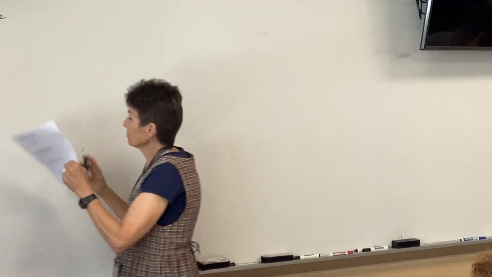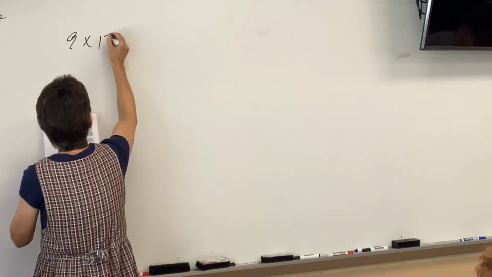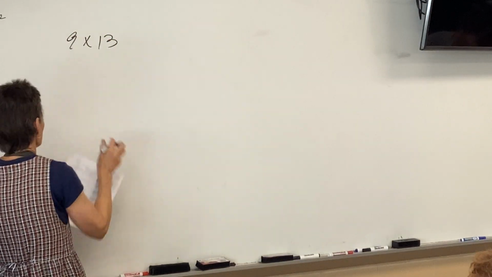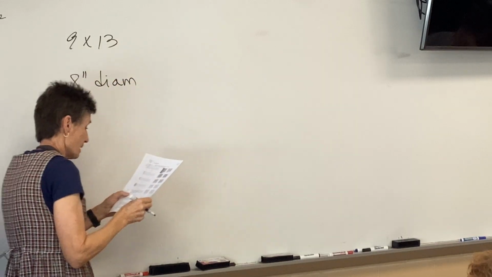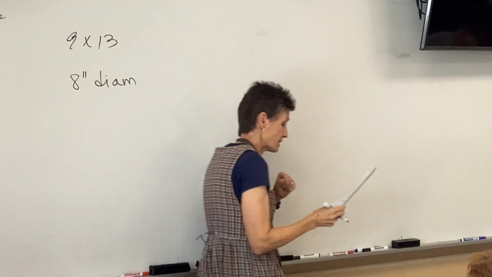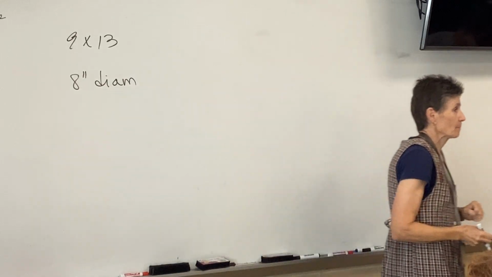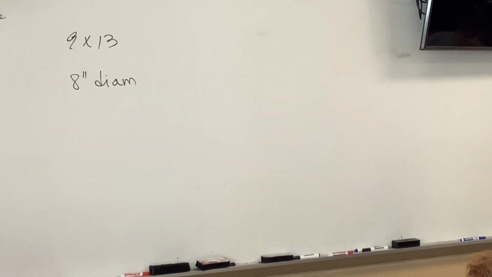They have a 9x13 cake, and they have an 8-inch round diameter. And they cost the same. So what's the question I ask myself as I become a good consumer, standing there at the bakery counter? What do I want to know? How do I get the most for my money, right?